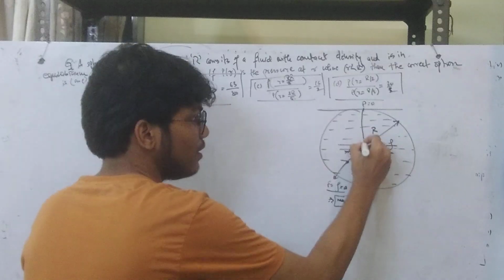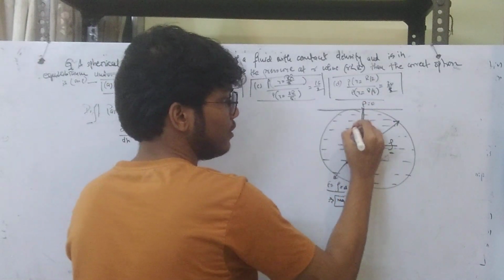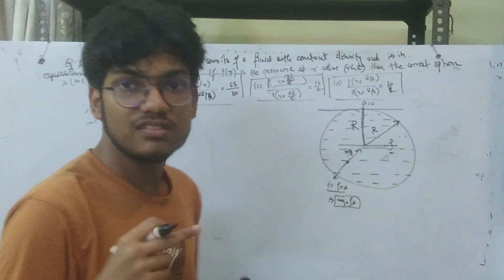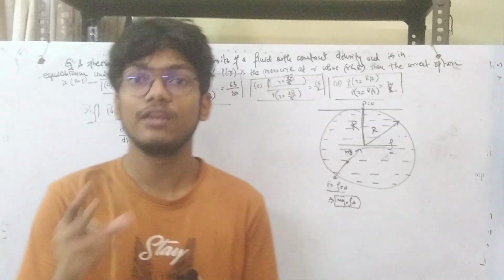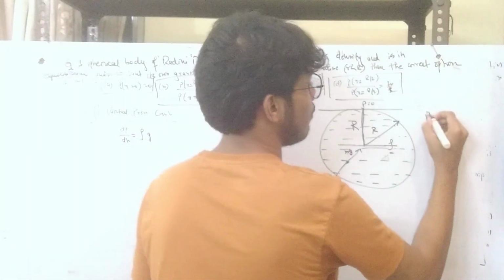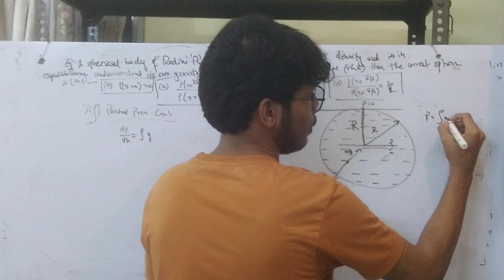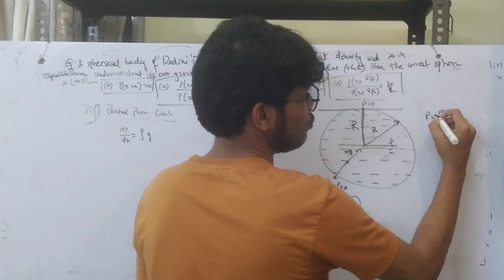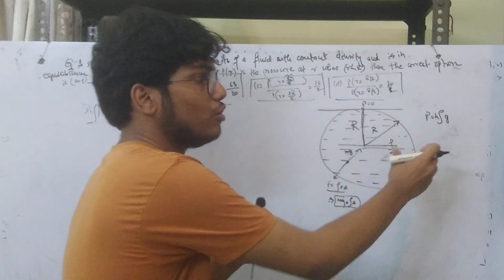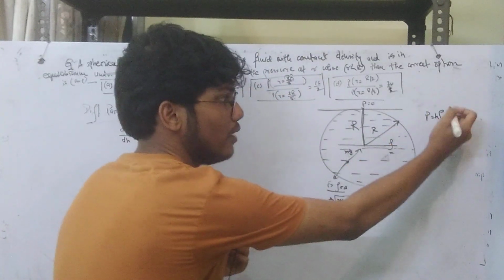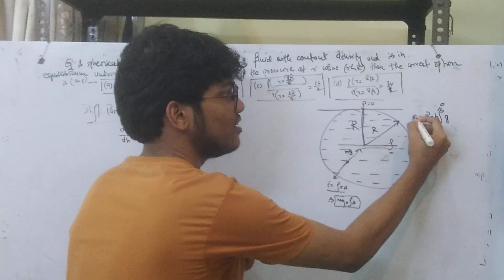Now this distance is capital R. At the surface the height of the liquid column is 0, and the pressure is rho g h. As the height is 0, the pressure itself is 0.